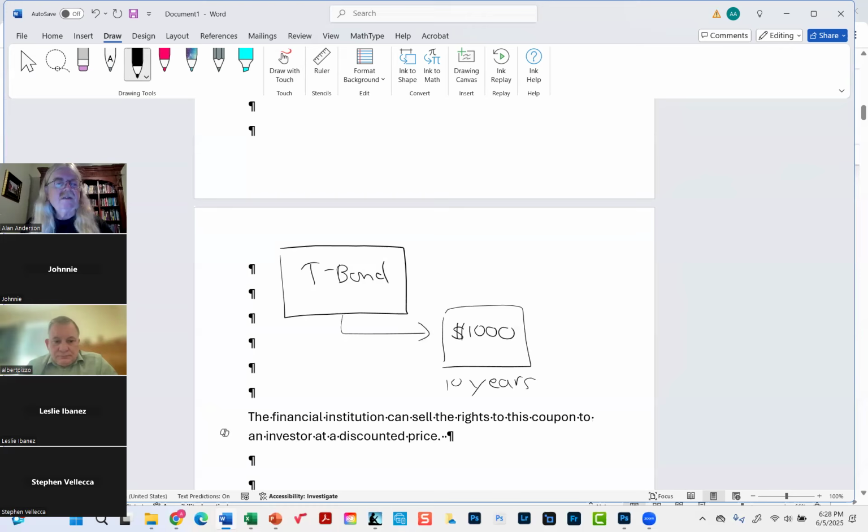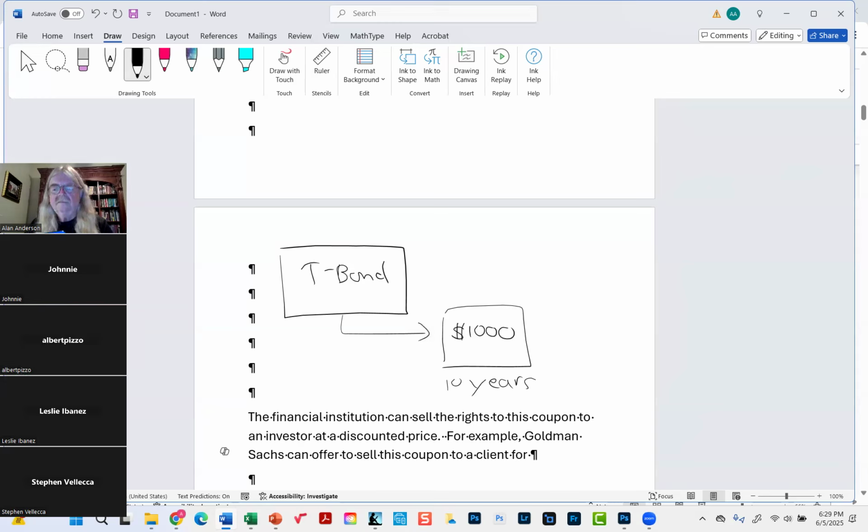So in other words, imagine they say to their client, for example, Goldman Sachs can offer to sell this coupon to a client for, now this is a 10-year investment. So let me just make up some numbers here real fast. $613.91.